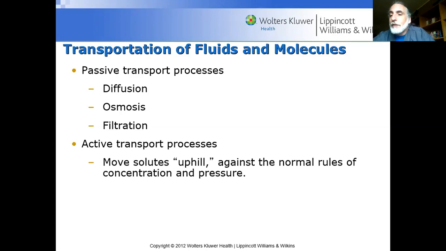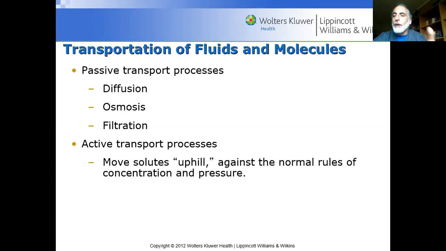Active transport, so solute, solvent. Solvent, the fluid that the solution is made of. Solute, the dissolved pieces inside the solution. Active transport moves the solutes against the normal rules of concentration.